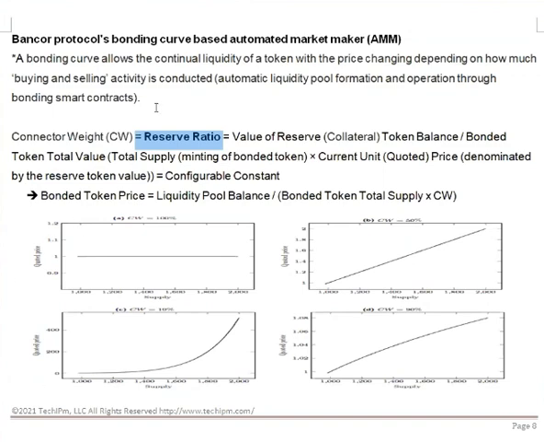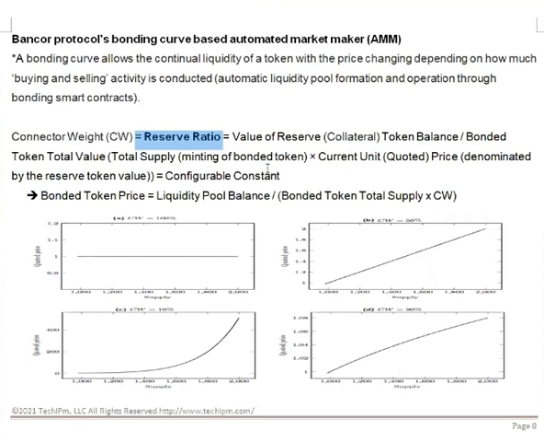So it's a definition: it's the ratio between the collateral token balance, meaning the total balance of your reserve or collateral token in the pool, divided by how much you minted of your new token by depositing your collateral token.